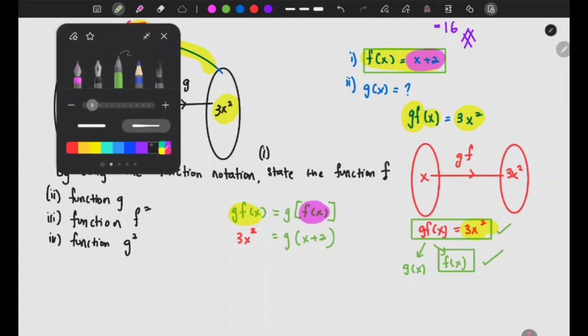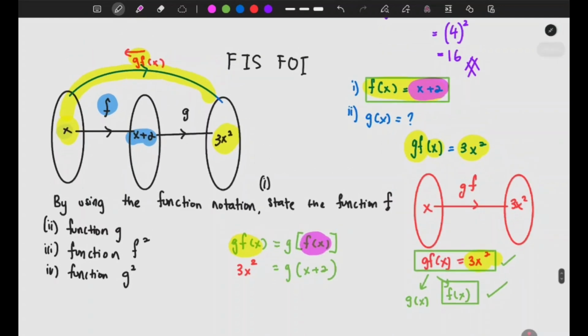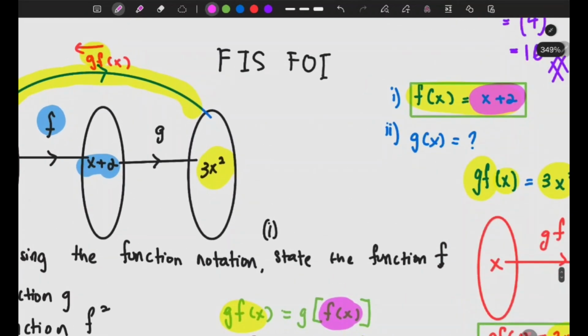Phase 4. What does it mean? Function f represents function. I is inside. This is an easy way. S is substitute. You substitute.